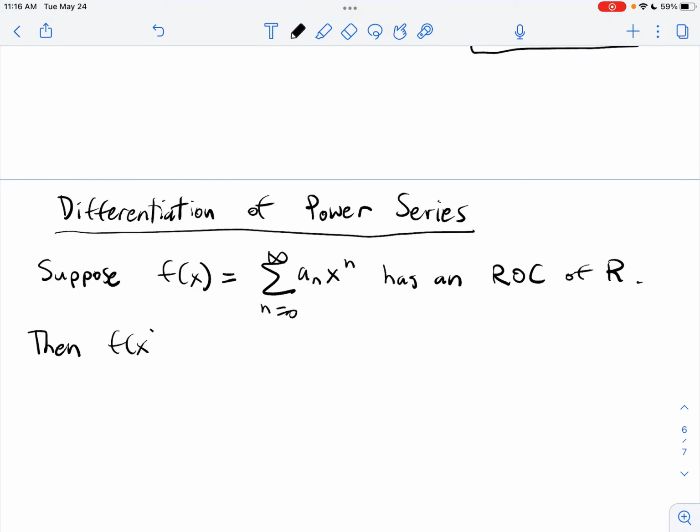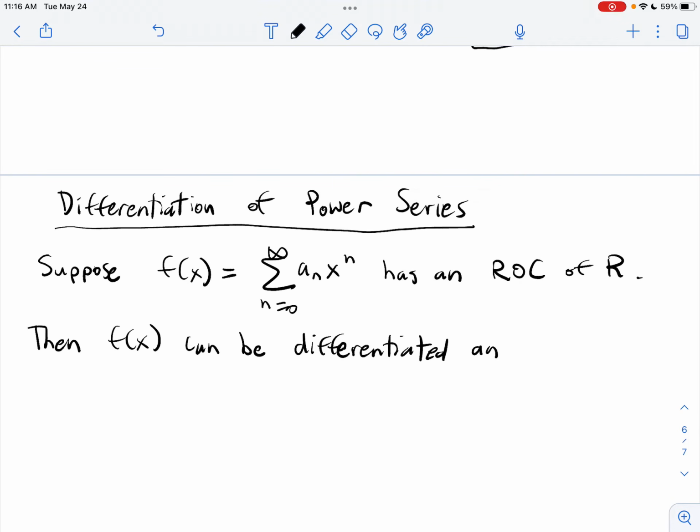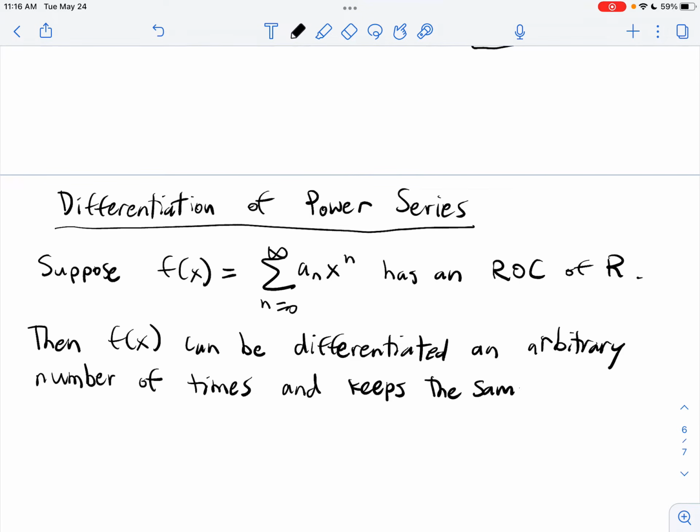Then f of x can be differentiated an arbitrary number of times and keeps the same ROC of R.